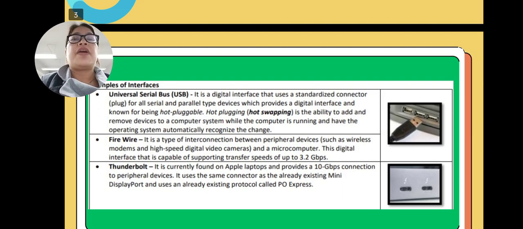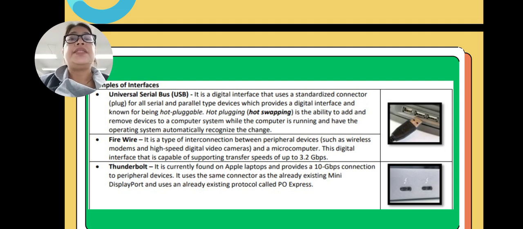Next is FireWire. It is a type of connection between peripheral devices such as modems, digital video cameras, and microcomputers. It is a digital interface capable of supporting transfer speeds up to 3.2 Gbps.